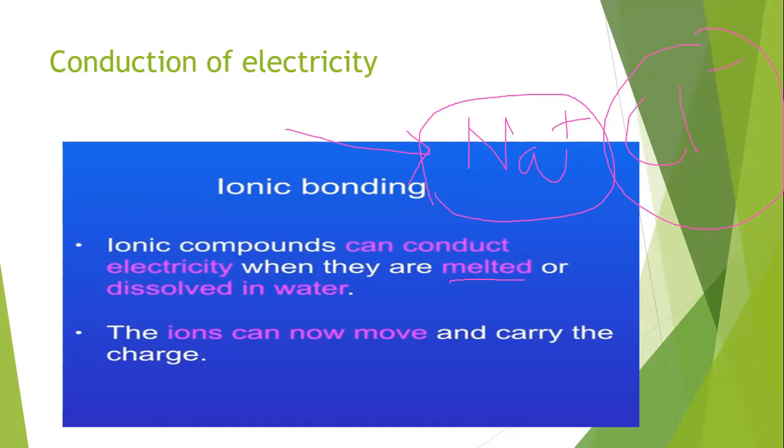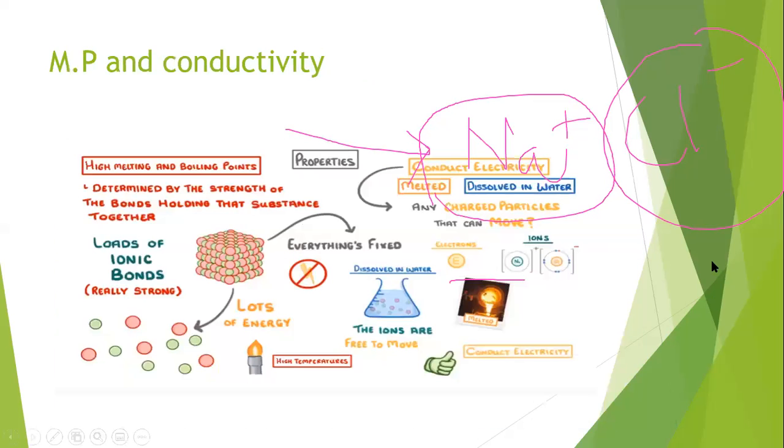Next, here you can see the melting point and conductivity, the overall view of the melting point and boiling point of ionic compounds and their conductivity. As I told you, a lattice has strong intermolecular forces. Ions in a lattice are tightly packed together.